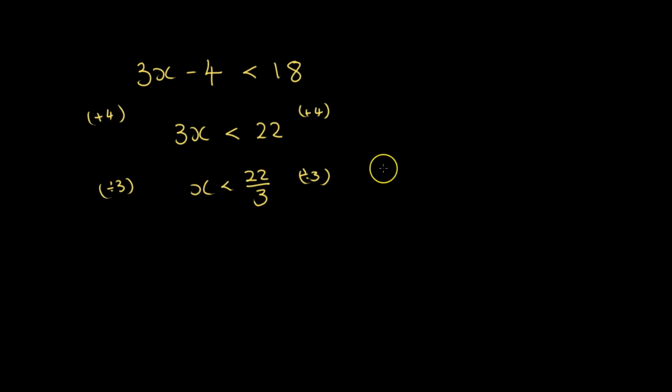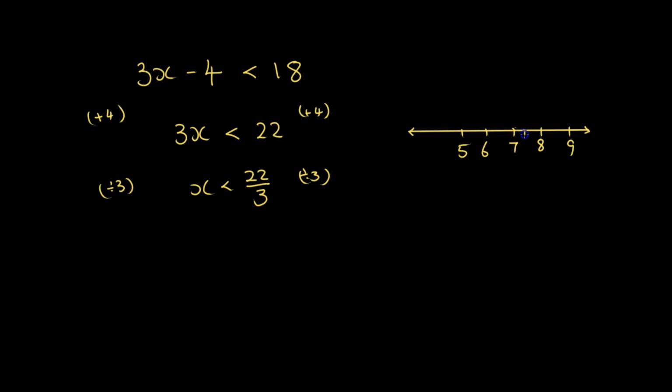And often an extra step that they'll ask you to take when doing inequality questions is to draw this out on a number line. So let's say we have 8, 9. So this fraction here, 22 over 3, is about 7 and a bit. And we want the section that is x is less than 22 over 3.